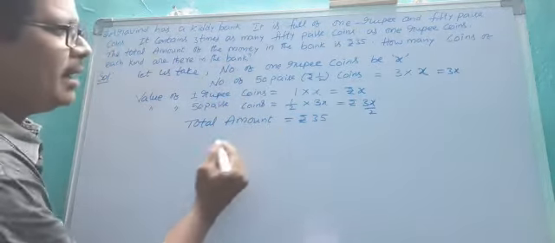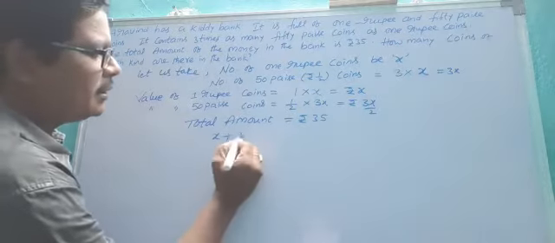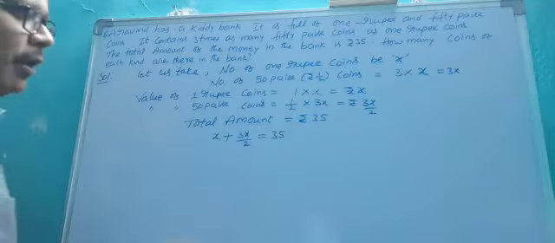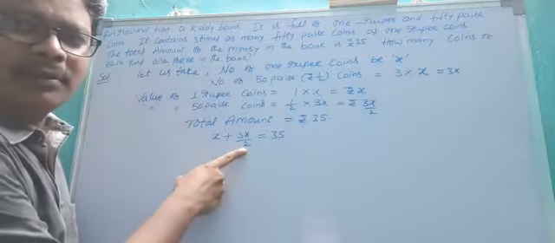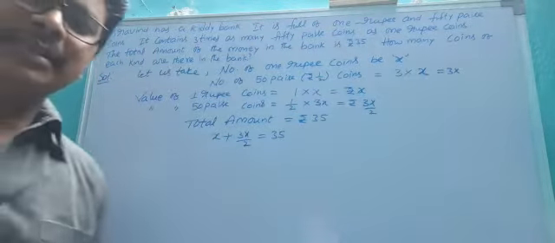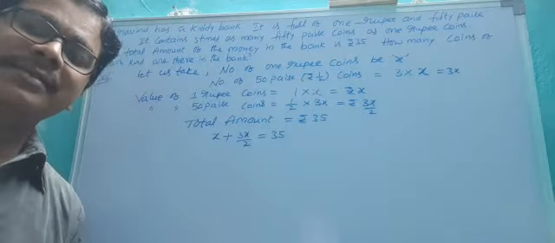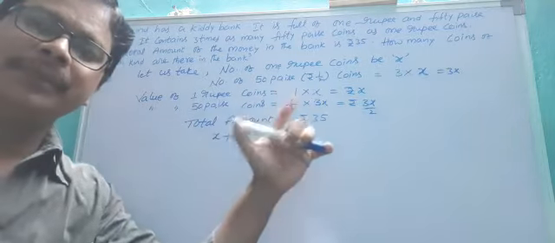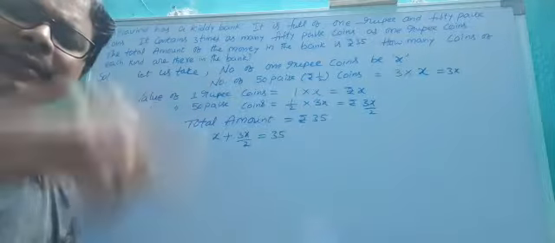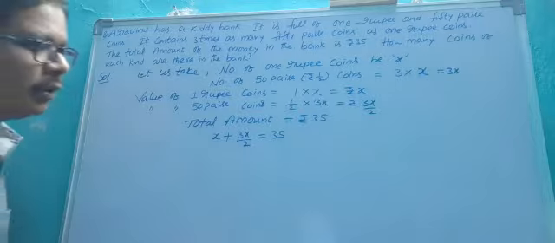That means the value of 1 rupee coins, x, plus the value of 50 paisa coins, 3x by 2, equals 35 rupees. We got one simple equation. We have to solve it to get the value of x. That x indicates the number of 1 rupee coins, and multiplying by 3 gives the number of 50 paisa coins also.